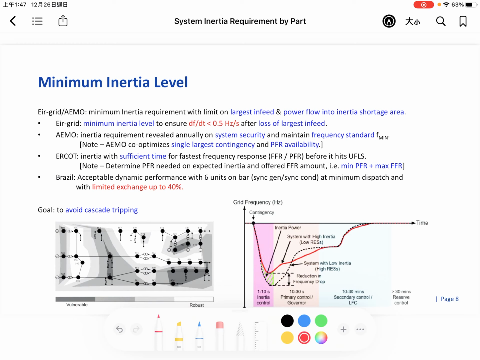The first one is E-grid. It tells that first, you need to have some kind of limit on the largest infeed and power flow to our inertia shortage area. Just say it is the inertia shortage area.